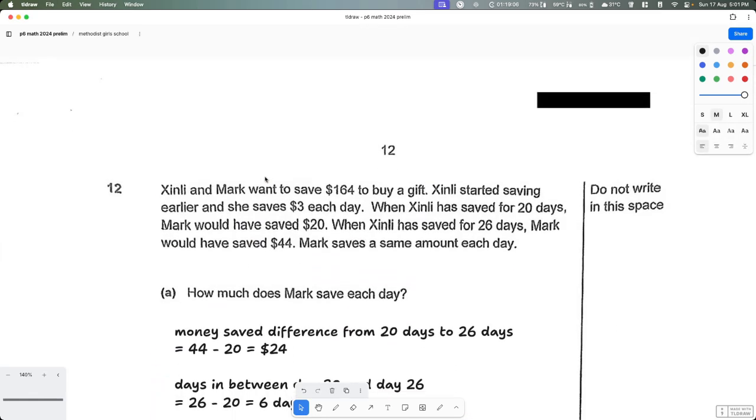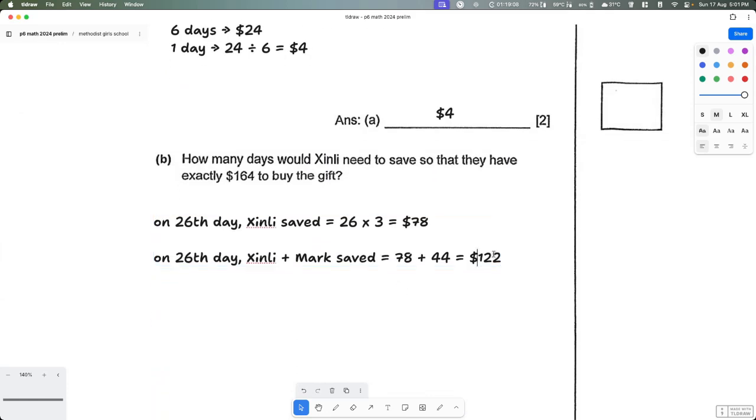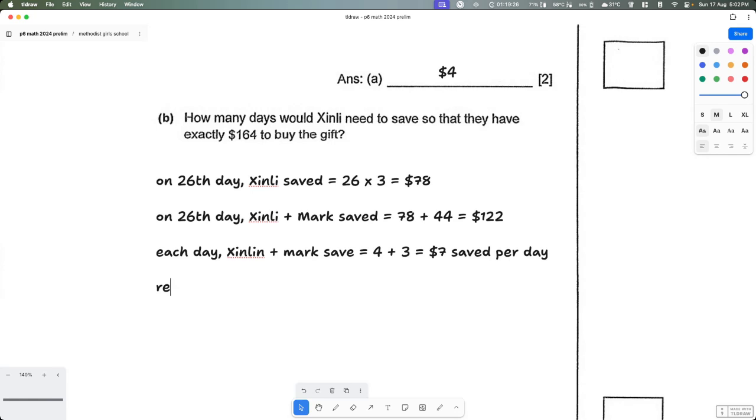So now we know we saved 122. Each day, Sin Lee plus Mark save 4 plus 3, equal to $7 saved per day.